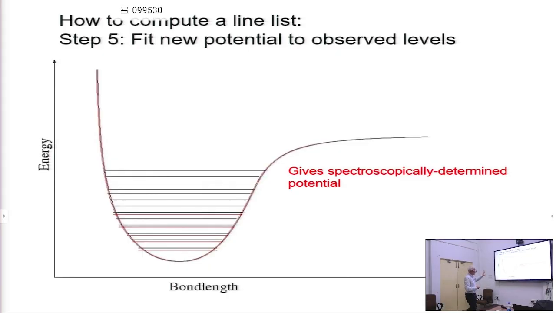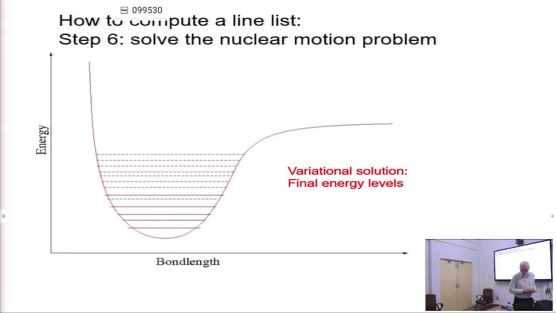So we do that, and what I've got here, and it just looks a bit blurry, but I've meant to have red lines and black lines to show that we change things slightly by fitting them to experiment. You then use that new potential to give you a final list of energy levels and wave functions.